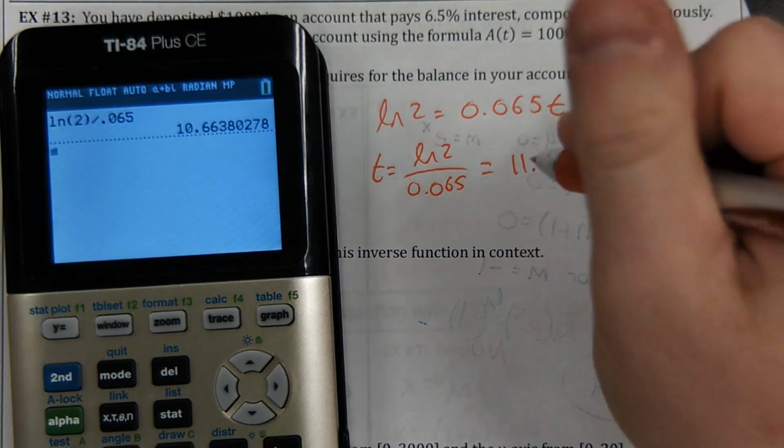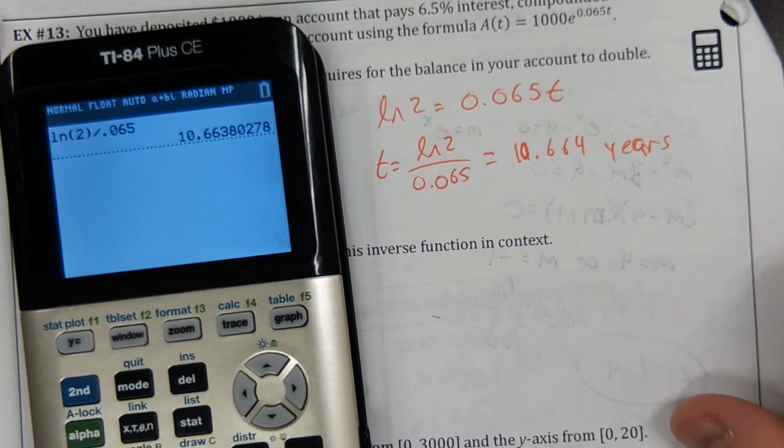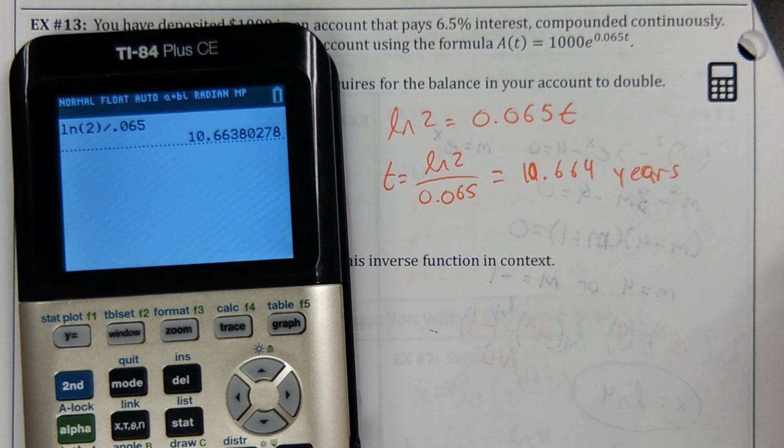Question. If I had said, what's the minimum number of years your money would need to be in the account in order for it to double, what would the answer have been? 11. If I had said the maximum number of years before the account doubles, you would have said 10.